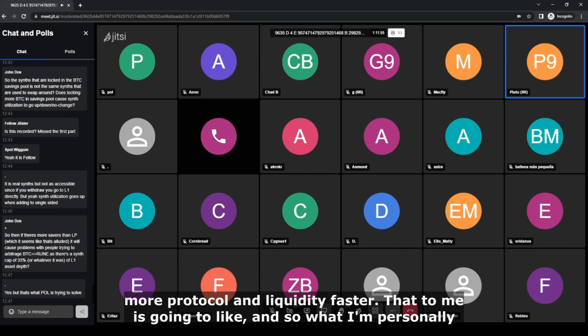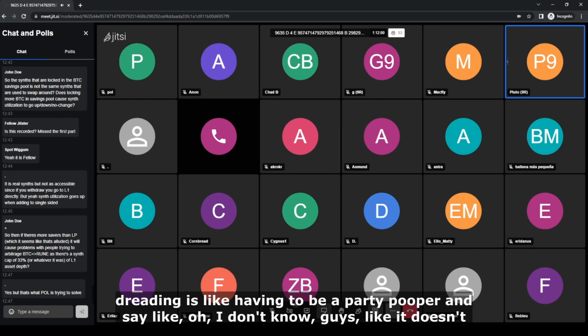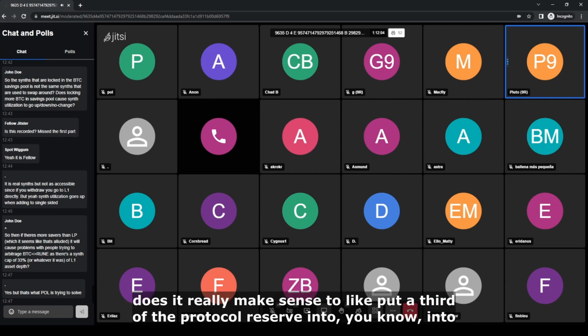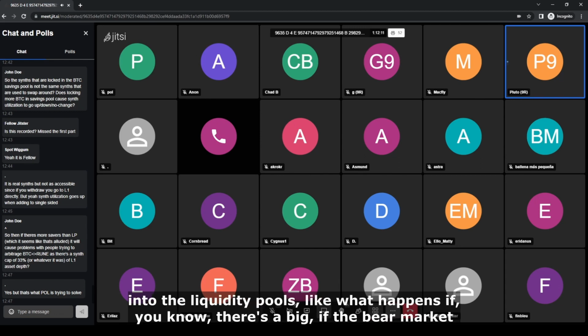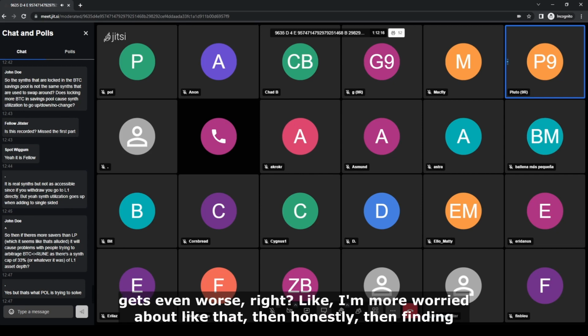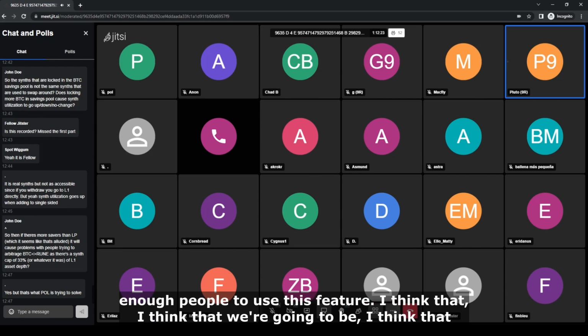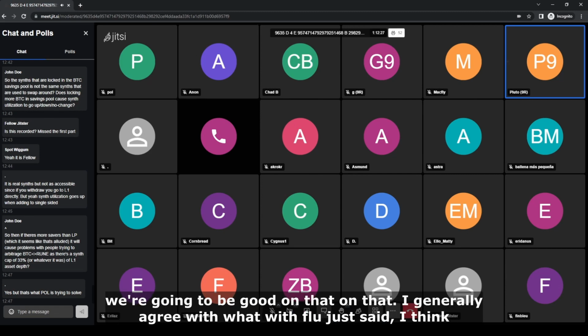What I'm personally dreading is having to be a party pooper and say, I don't know, guys, does it really make sense to put a third of the protocol reserve into the liquidity pools? What happens if the bear market gets even worse? I'm more worried about that than about finding enough people to use this feature. I think we're going to be good on that front.